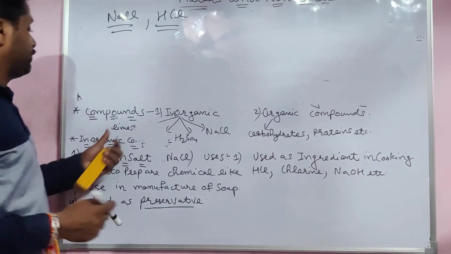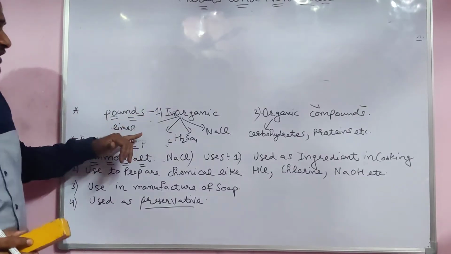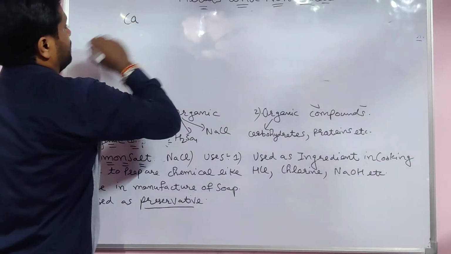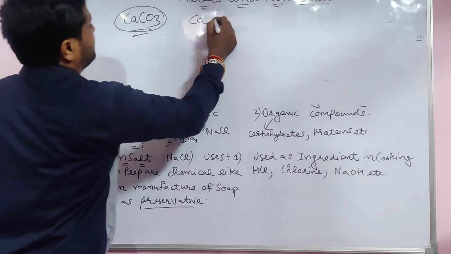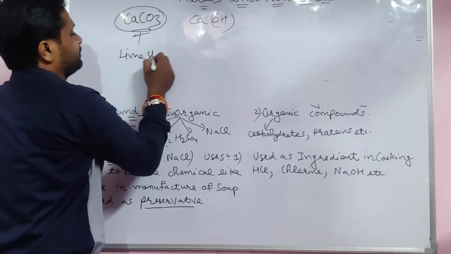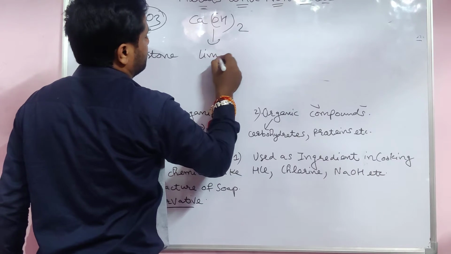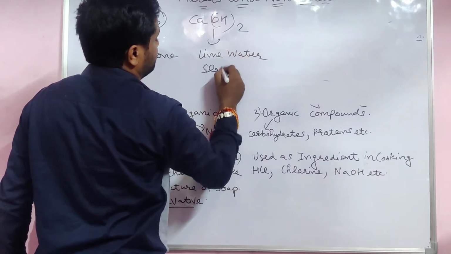First of all, we have to discuss the inorganic definition. Limestone, for example, is inorganic. Limestone means calcium carbonate, inorganic. Calcium hydroxide is the lime water formula, and another is slaked lime.